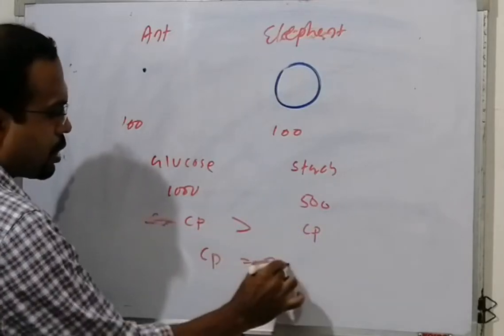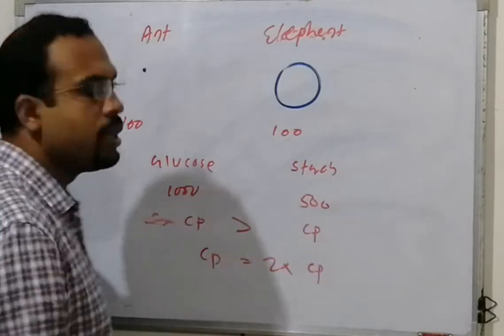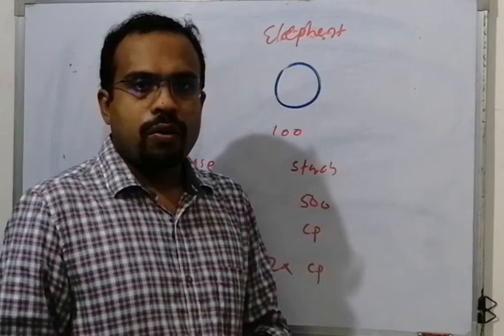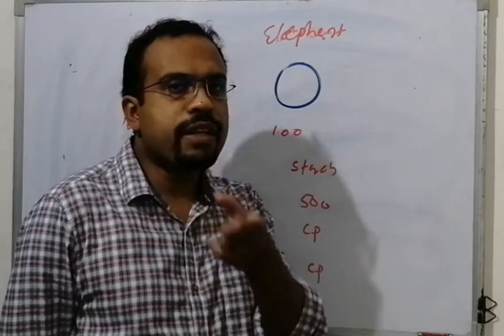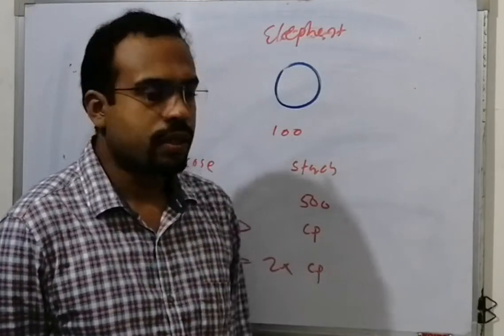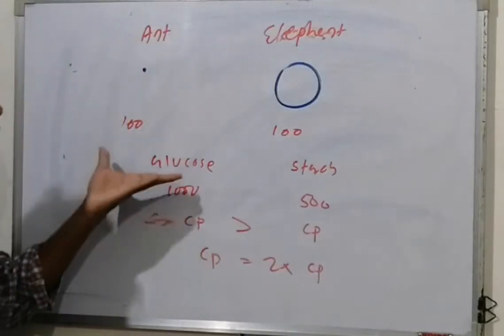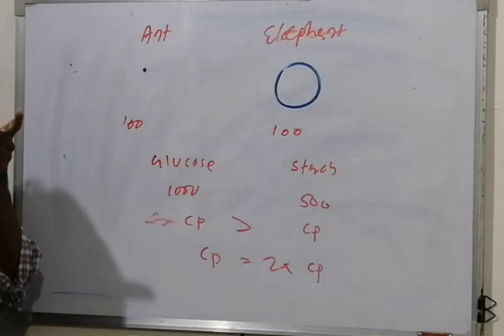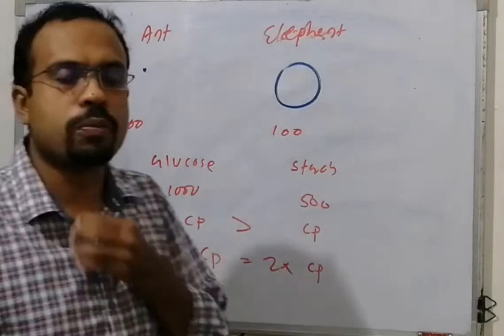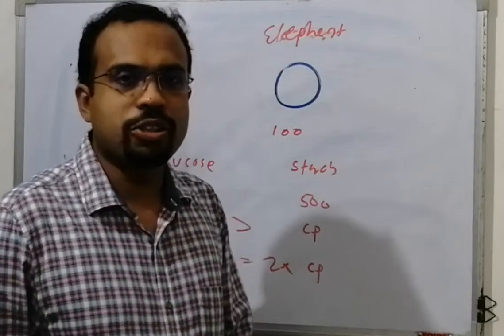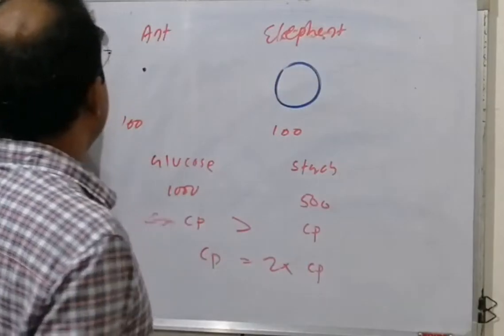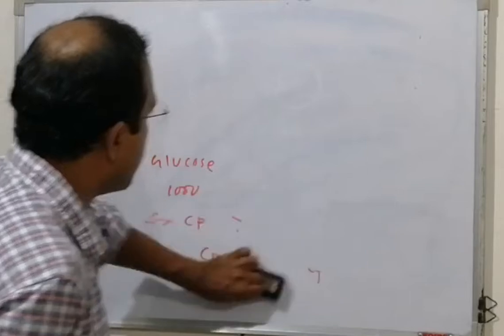Its colligative property is 2 times that of starch because it has only 500. Okay? Only if they are ideal solutions. That is the meaning. Colligative property depends only on the number of solute molecules, not the nature. Okay? Yes. Now we can discuss what the colligative properties are.